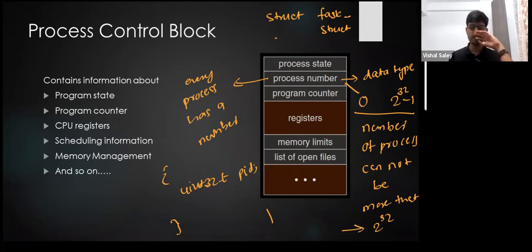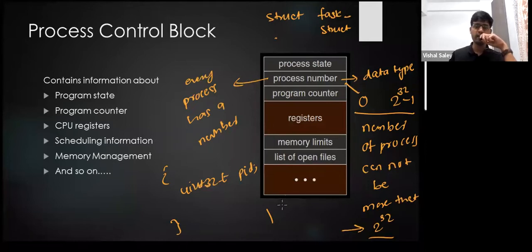What I wanted to say is that you can only have a finite number of processes in your operating system. But that's not a drawback, because this number itself is very high, greater than a million, so you don't have to worry about it. Is this understood?